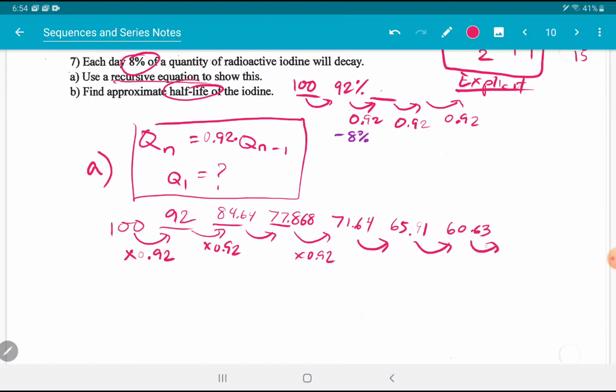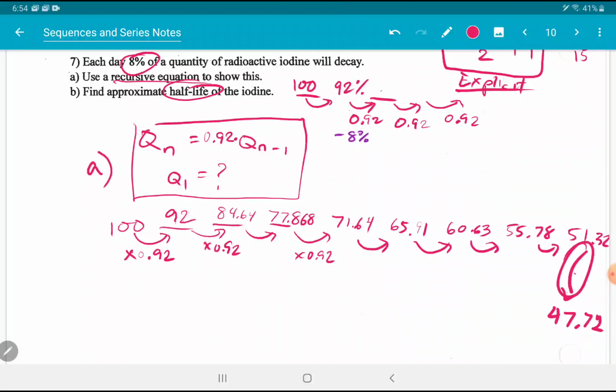Again, and we get 55.78. Again, and we get 51. Look at that, we're getting really close. Again times 0.92, and that'll do it. That gives us 47.22 basically.